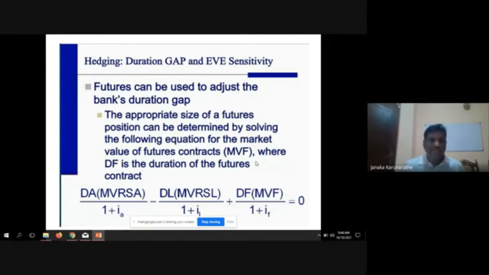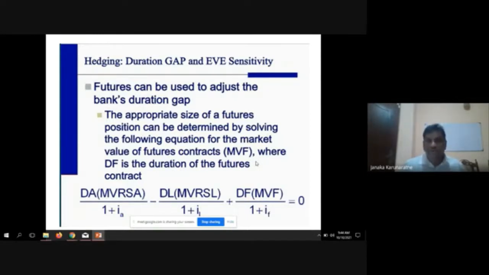So duration of assets times market value of rate sensitive assets divided by 1 plus interest rate of overall balance sheet assets, minus duration of liabilities, DL, times market value of rate sensitive liabilities divided by 1 plus IL, the overall rate sensitive liabilities weighted average interest rate, plus duration of futures contracts times market value of futures contract divided by 1 plus interest rate of futures contract should be equal to 0.